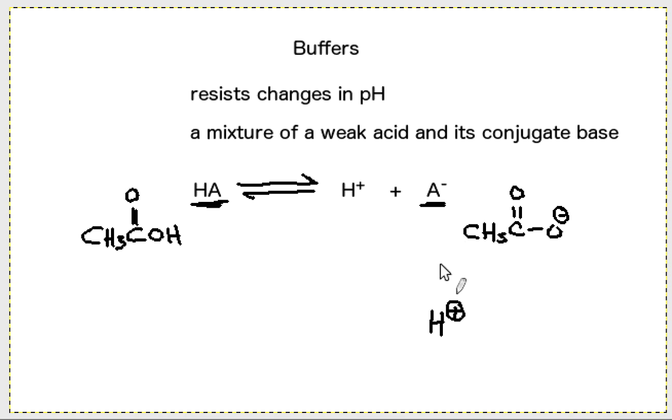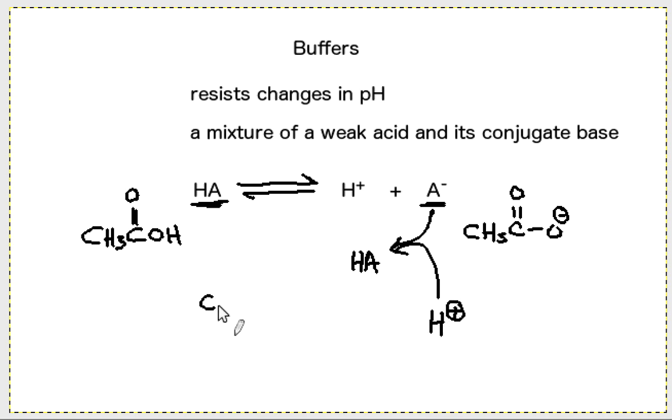Now, how does this buffer react with this H plus? Well, the conjugate base is going to react with this source of acid. And when these two things react together, they form our weak acid, HA. So what we've done is we've taken a strong acid, H plus, and converted it to a weak acid. The weak acid has much less of an effect on pH than the strong acid would, and that's how the buffer is able to buffer against acids.